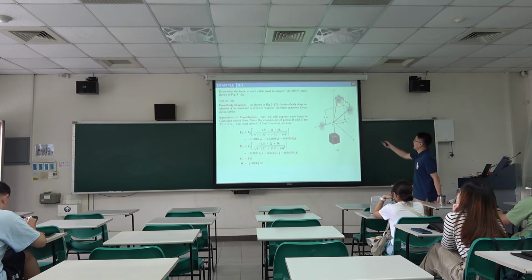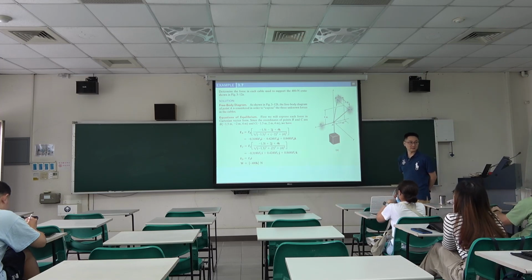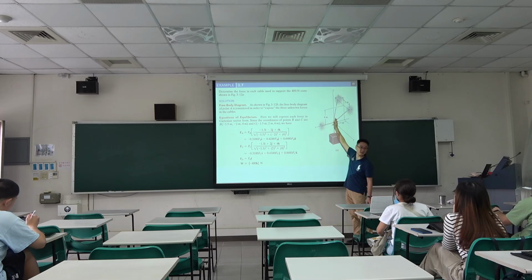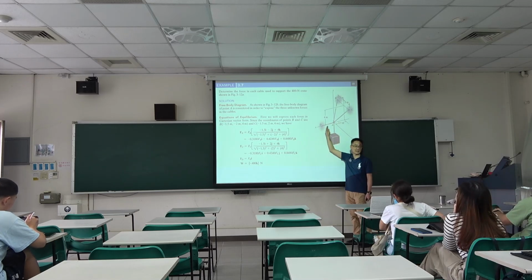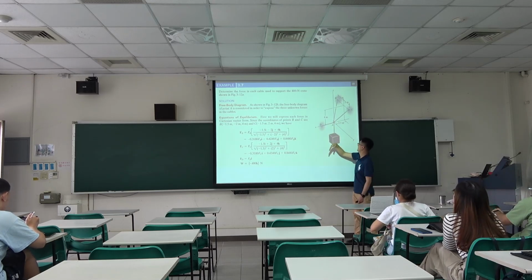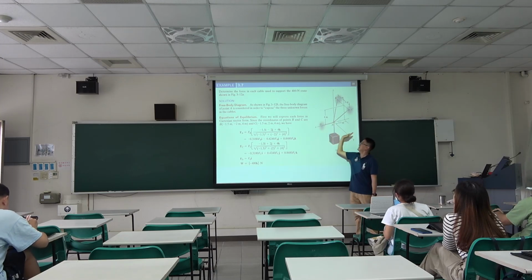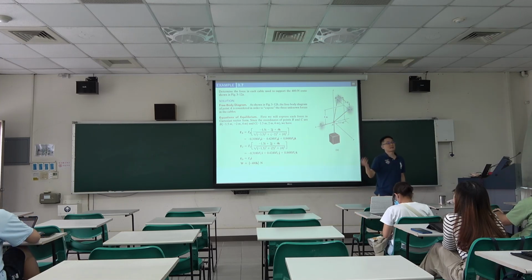But here, from our observation, this system is a symmetric system. The symmetric plane is this way, along the x-axis. The symmetric plane is YZ plane. No, not YZ, XZ plane. So negative y and positive y, this system is the same.